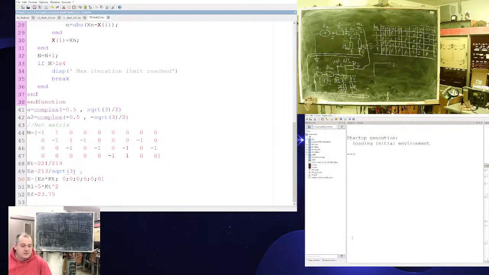Okay, next. EMF of the system. So EMF of the system goes with this reduction factor. And how many branches do I have? I have 9: 1, 2, 3, 4, 5, 6, 7, 8, 9.